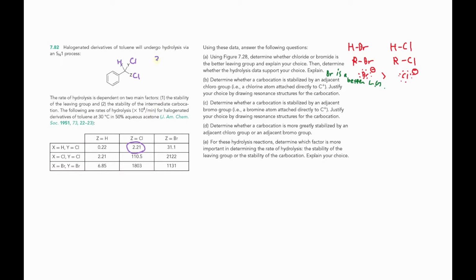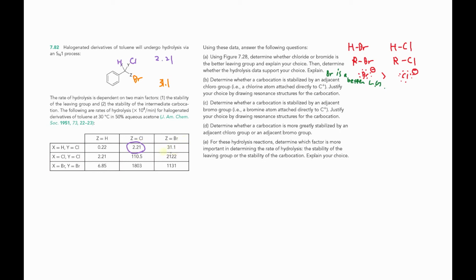So this is 2.21, and then when you substitute the Z with Br, you have the 31 times 10 to the 4th. So looking at that, Br is a better leaving group, meaning instead of Cl in Z, when we have Br, the hydrolysis data supports that the rate is much faster, meaning it's more favorable.